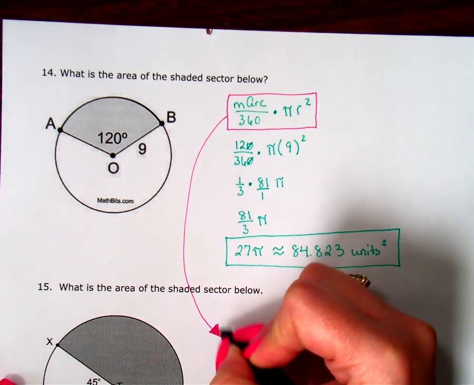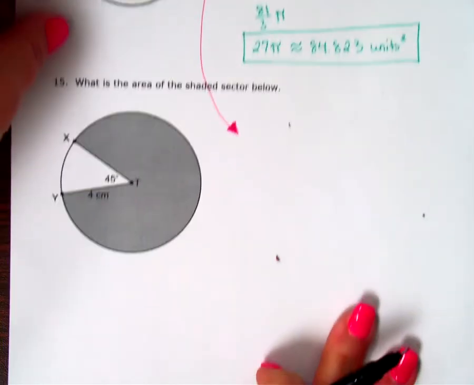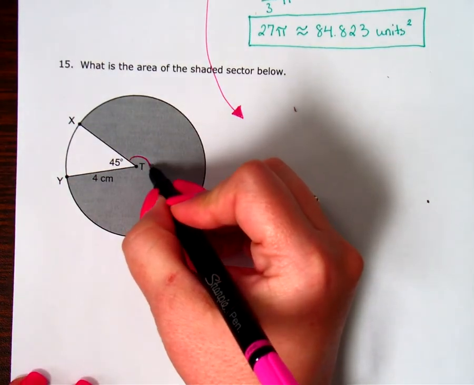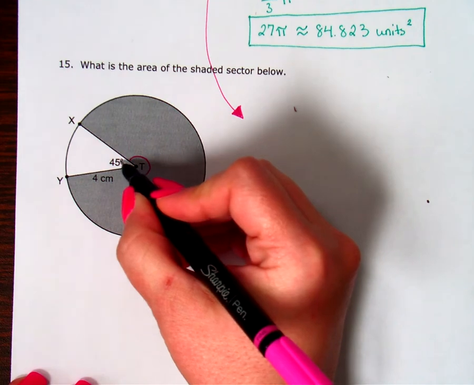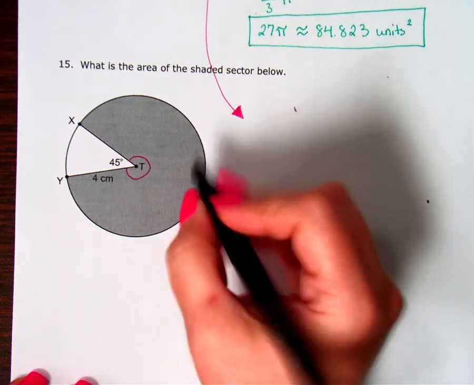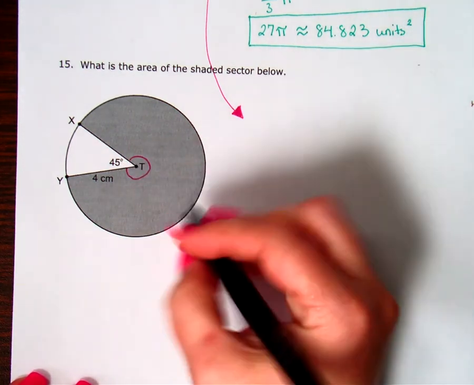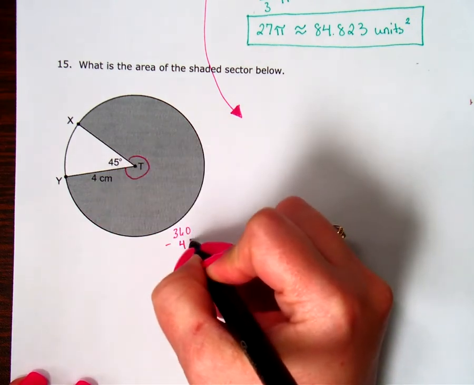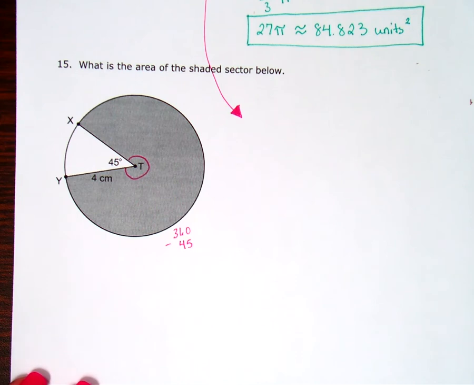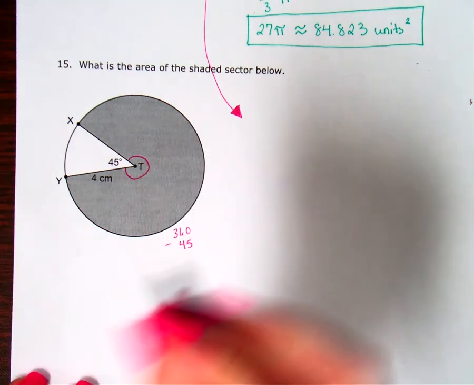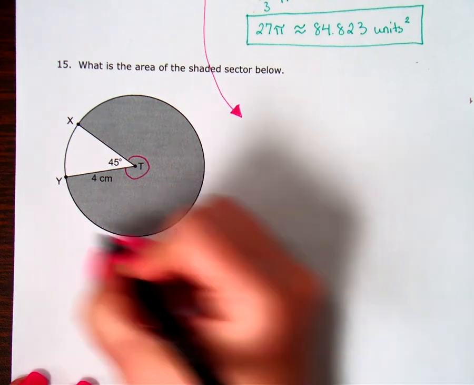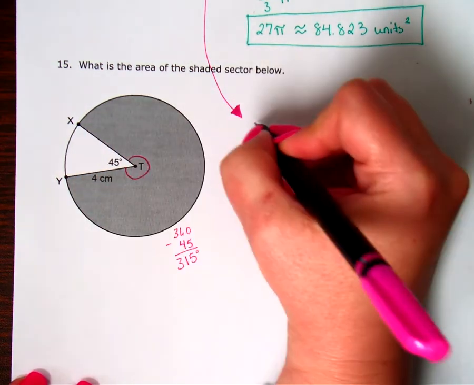Okay, so the first thing I need to do is figure out the measure of the arc. And on the last one it was easy because I could just look at it. But this time if I want the shaded, that means I want this arc. So everything but the 45. So I know the whole circle is 360. I'm going to take away that 45. So I'm going to do 360 minus 45, which is going to leave me with 315 degrees for my outside arc.